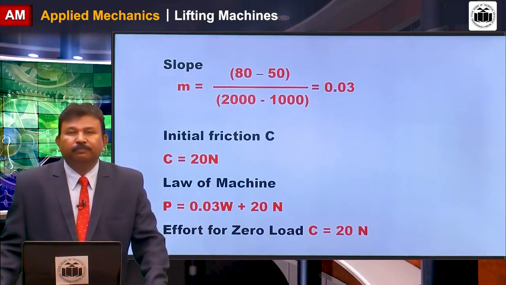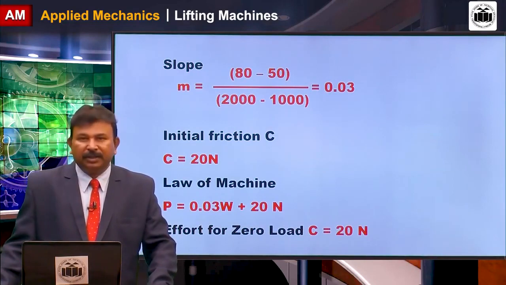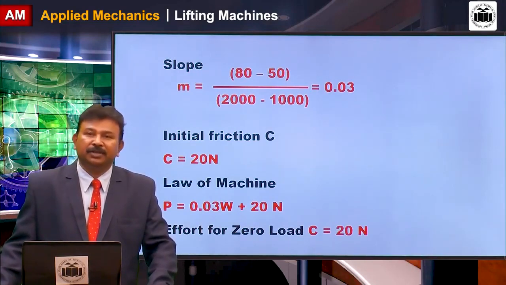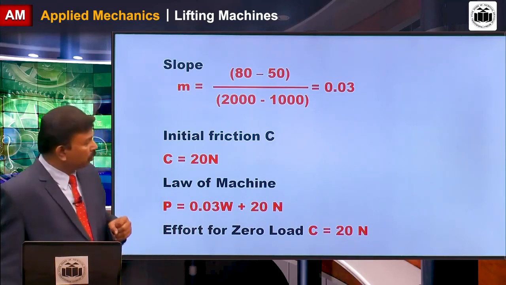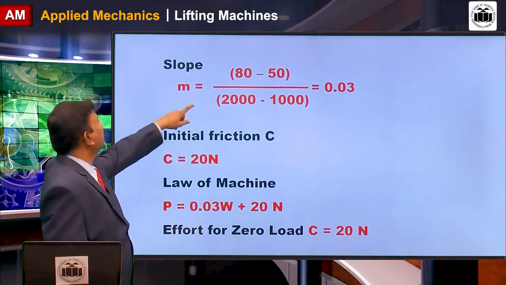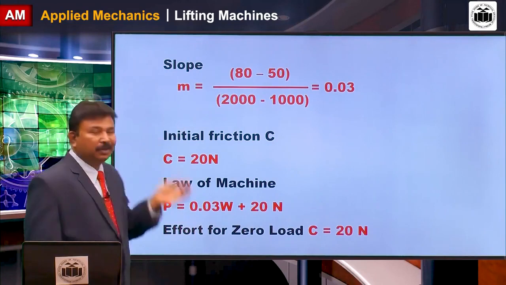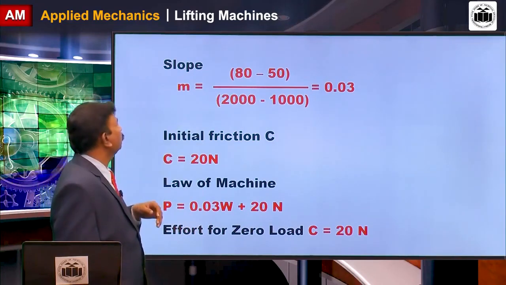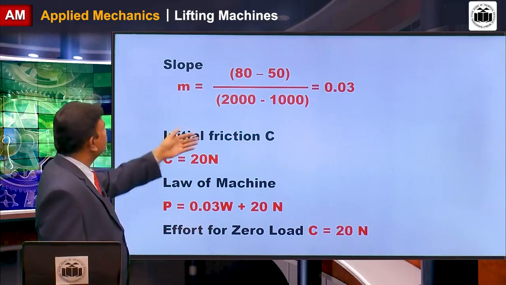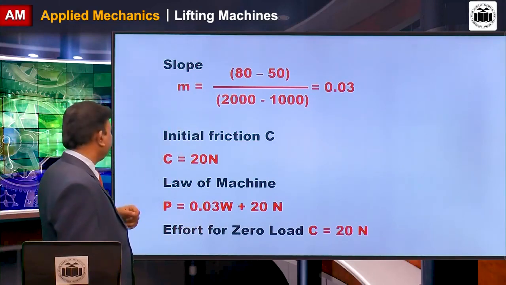Calculate the slope, then measure the initial friction C and write down the law of machine. Most of the time, we commit mistakes in measuring the slope. Since the graphical solution is expected, write down the things considering the graph.